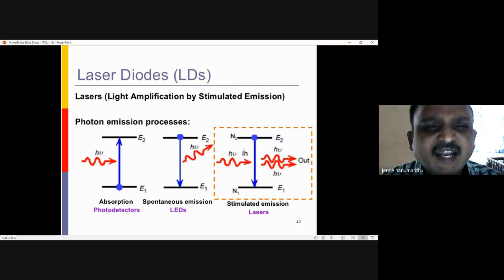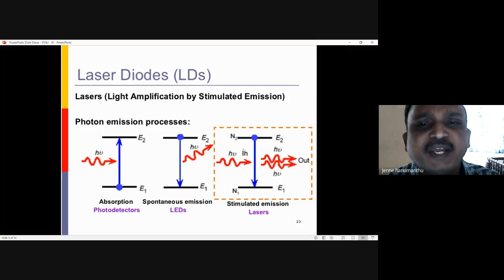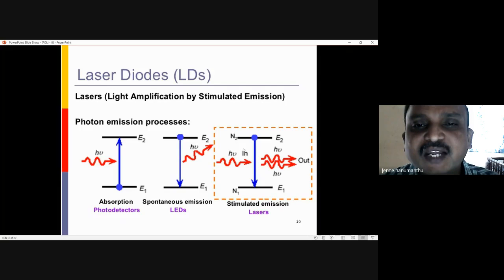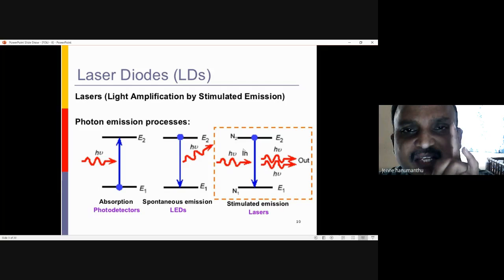So very little radiation is expected from any material. It cannot be visible, and it cannot be useful for our optical communication purpose. So we need useful radiation from the laser.